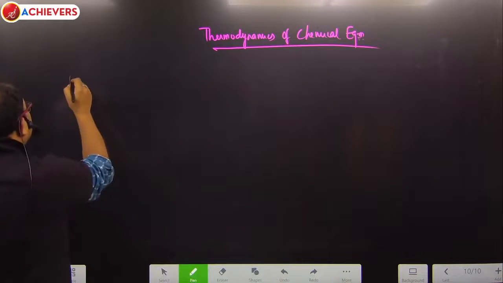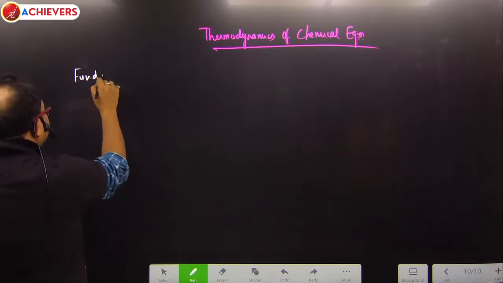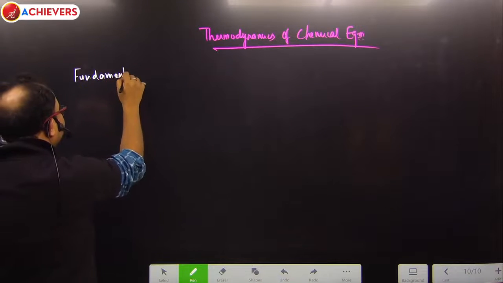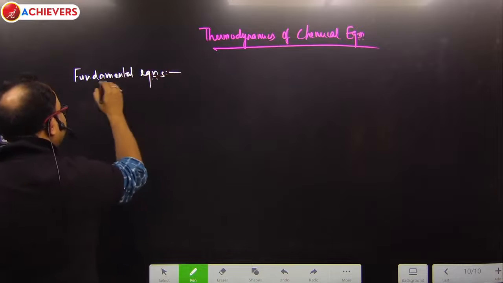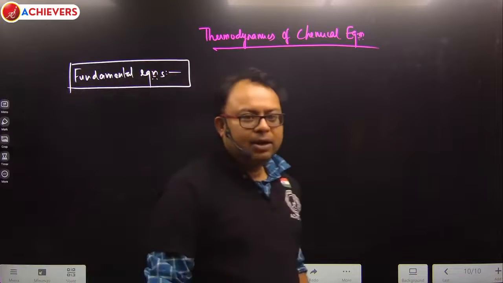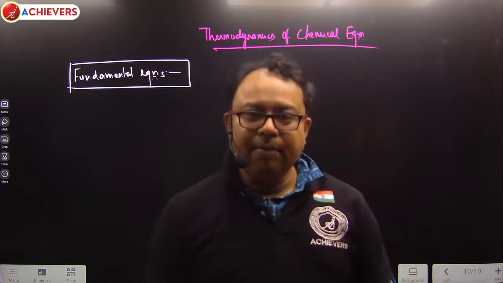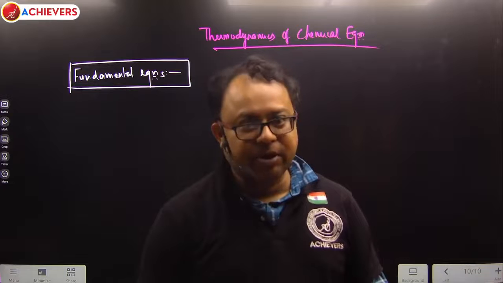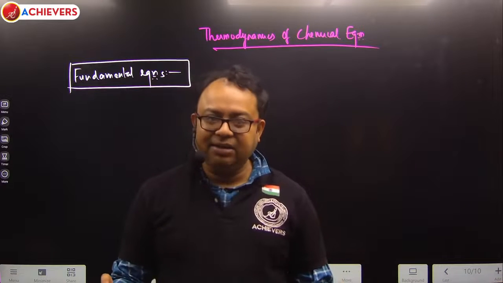So the fundamental equations. We'll list down the fundamental equations. Please note that we will not deduce these equations in this context because that is beyond the scope of our syllabus. We'll just know the equations. Okay.